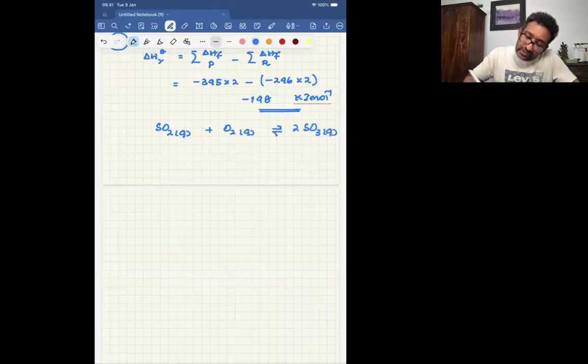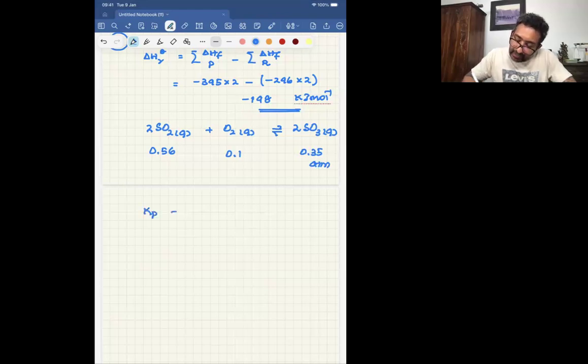This is 2, this is 2. Sulfur dioxide is 0.56 atm. Oxygen is 0.1 atm and sulfur trioxide 0.35 atm. Calculate the Kp.